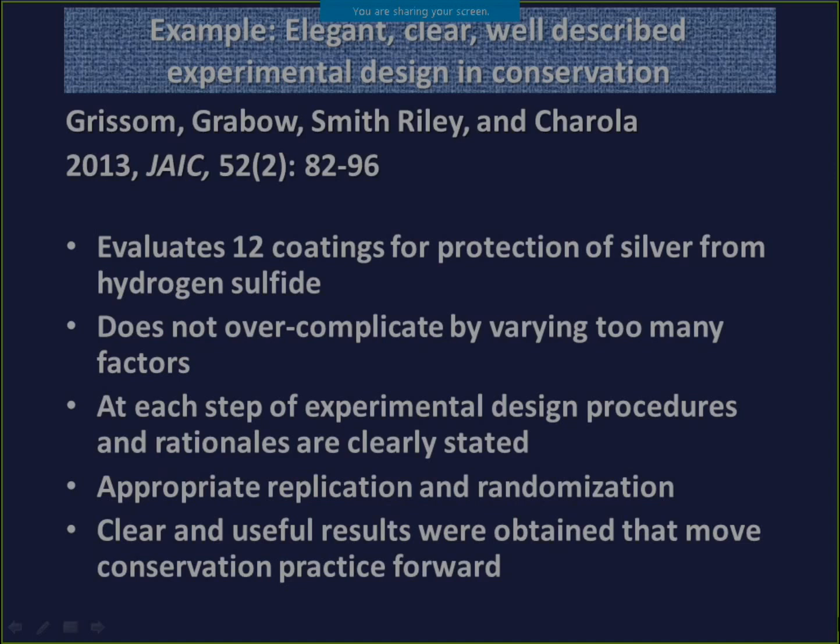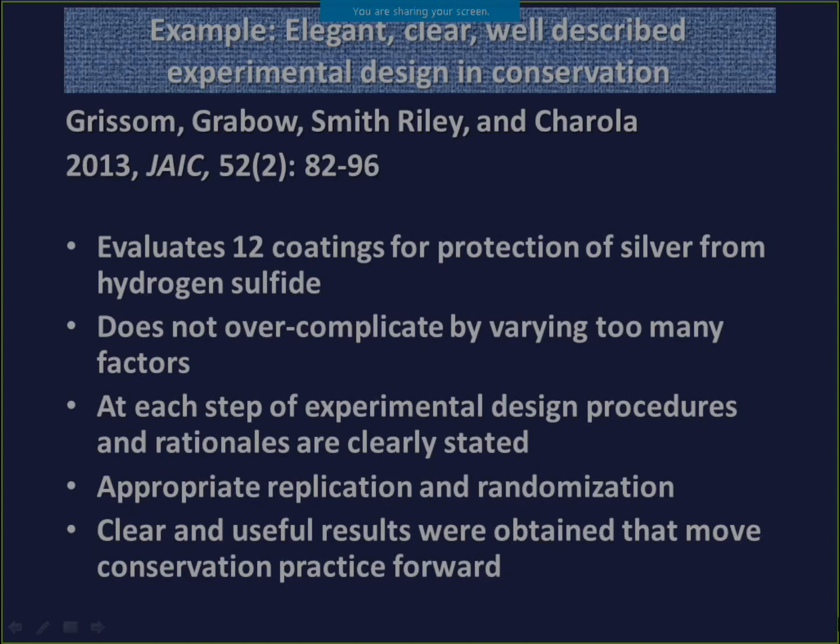They didn't try to also test the effects of other pollutants. They kept things simple so that the most important factor could be clearly tested for. So they used only sterling silver coupons of one size and shape. They didn't also try to test fine silver or to add in copper or lead or any other geometries. They tested 12 coatings. All of them were given a stated rationale for why that particular coating was chosen for testing.